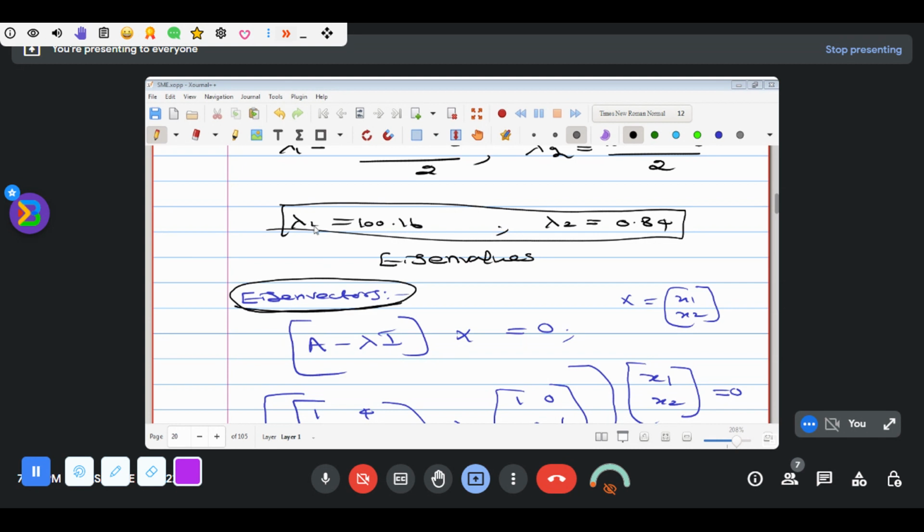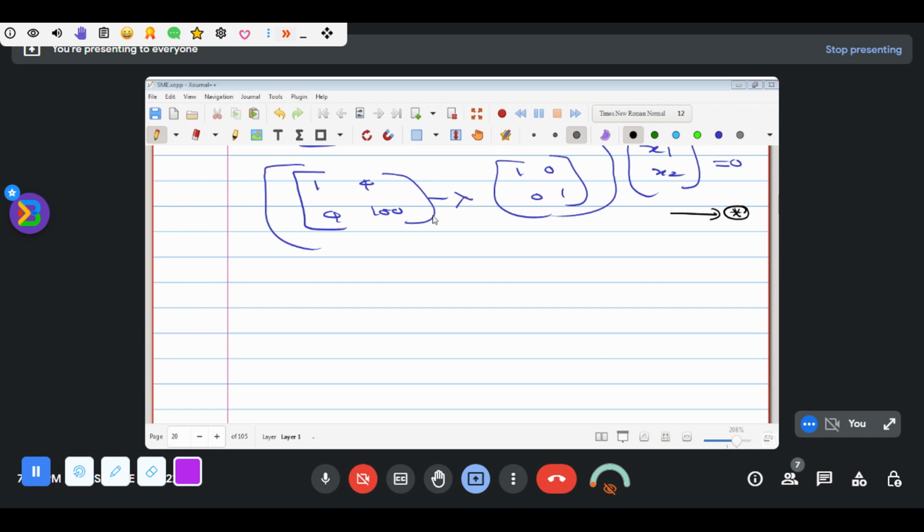First I take lambda 1 equal to 100.16. Case 1: lambda 1 equal to 100.16 in the star equation. You replace the lambda value here and simplify.